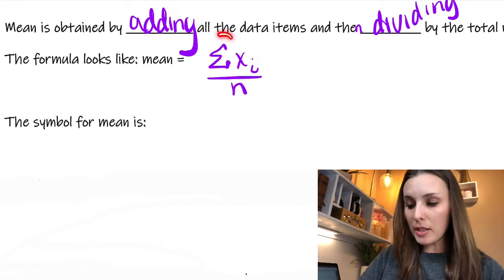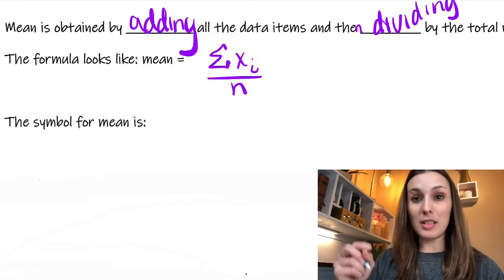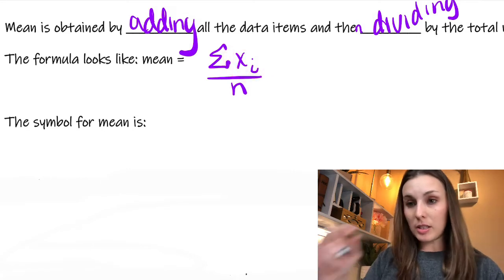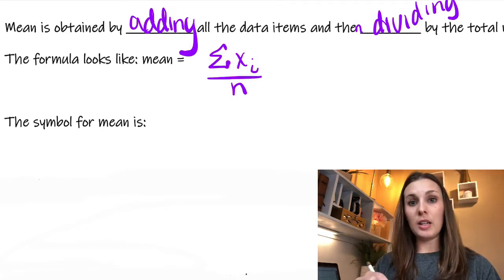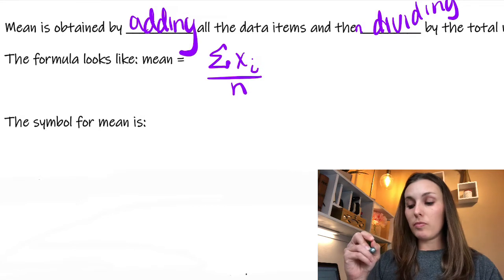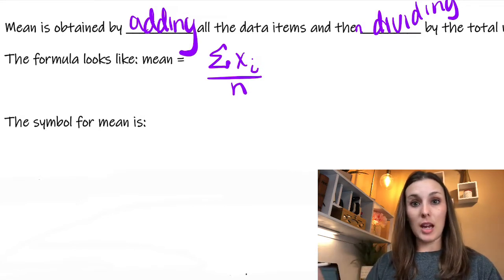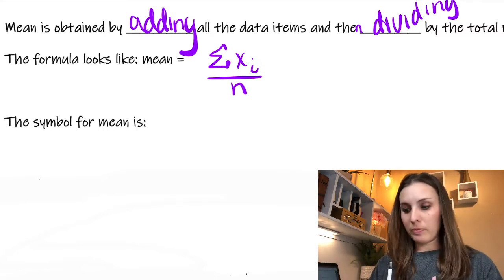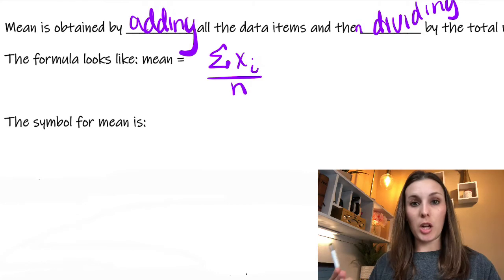So this crazy symbol right here means the sum of. And then this x sub i means all the x's in the set. So x sub 1, x sub 2, x sub 3, x sub 4, and so on. So if there's 10 items in the set, then your i would go up to 10.